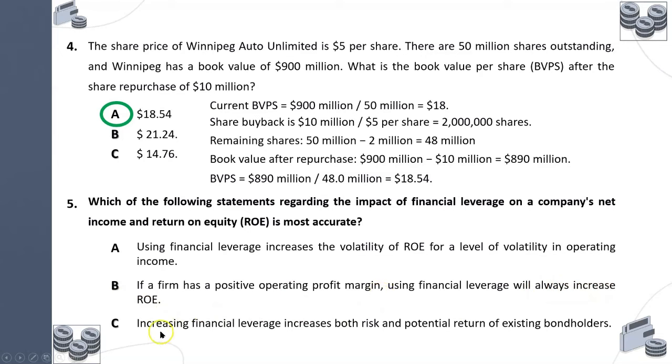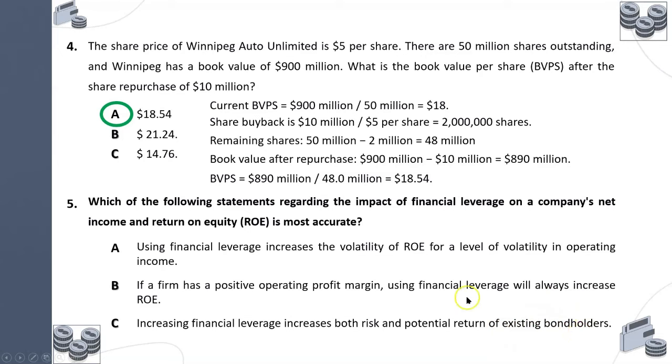This is definitely wrong. Increasing financial leverage increases both risk and potential return of existing bondholders. That's wrong. Why? Yes, it increases the risk and potential return of existing shareholders, because bondholders will suffer the most because of the high risk.